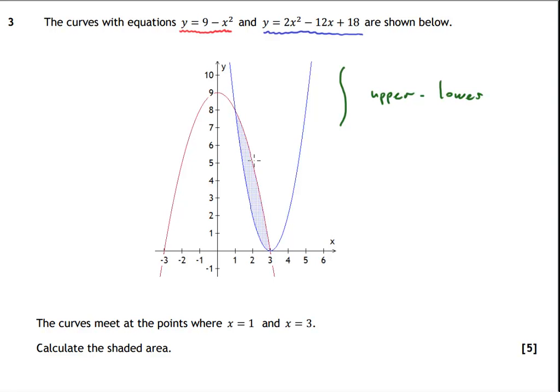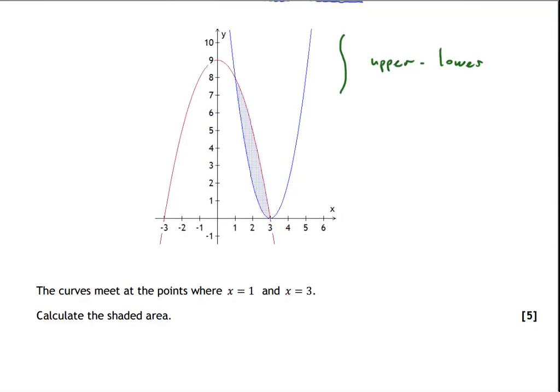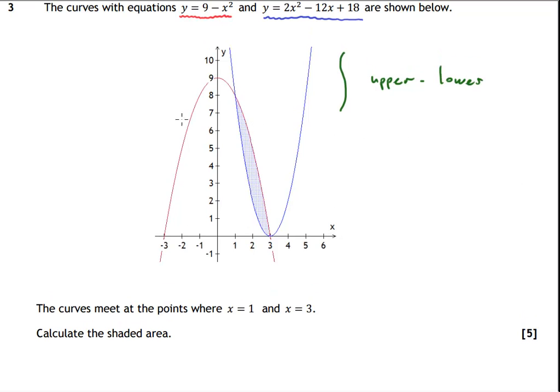In this case it's the red one, that's the upper part, and the blue curve will be the lower bound there. So we're looking to integrate, let's see if we can squeeze this in here, between the limits of 1 and 3 the difference between this upper curve, so that was 9 take x squared, minus the whole of this, the lower curve, in this case the 2x squared.